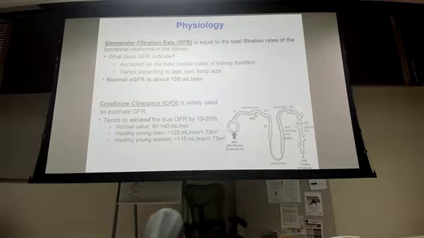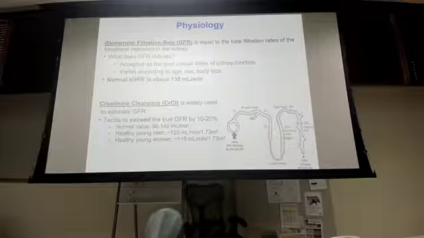Which ones have we already learned about that don't work as well once the GFR, or creatinine clearance, is below 30? Thiazides and thiazide-like, chlorothiazide. Thiazides will not work at a low GFR. But guess what? Loops do.